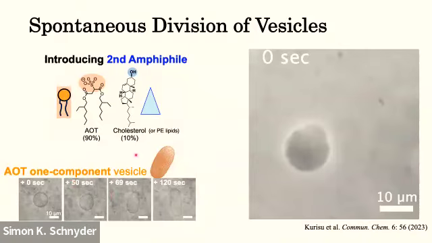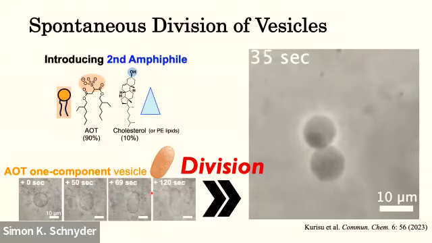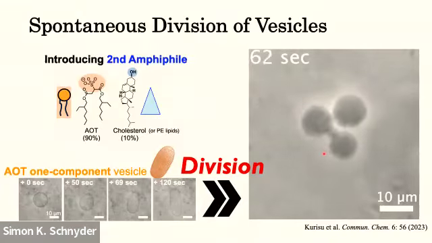Toward this membrane, I introduced 10% of the inverse cone-shaped molecule, that is cholesterol, and then we observed that the deformation pathway is successfully changed to spontaneous neck formation and neck division. The only difference is the membrane composition, 10% inclusion of cholesterol molecules, and the other experimental setup is the same.